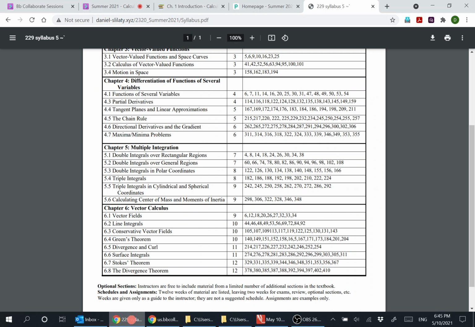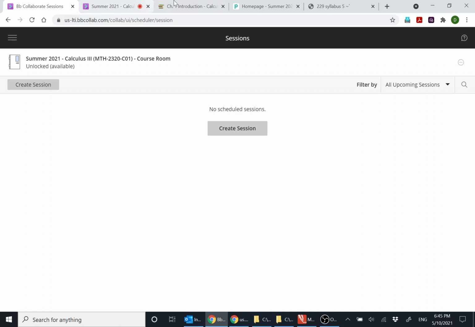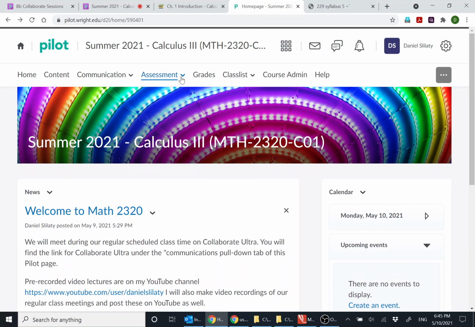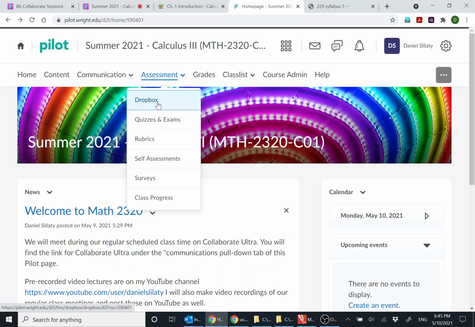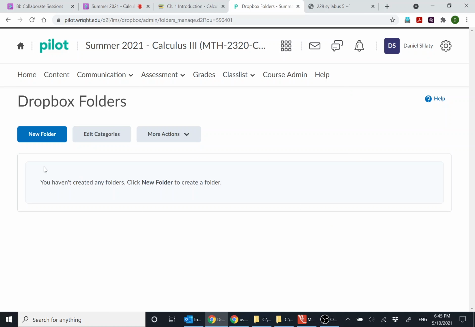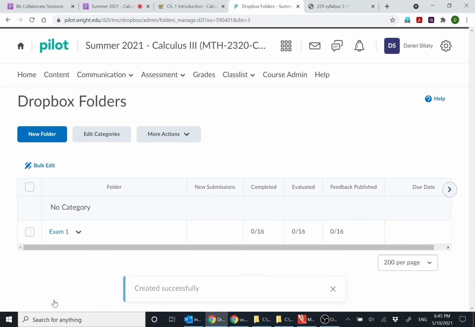On Pilot, up here under the assessment tab, you see there's a Dropbox there, right? There will be a folder there for each exam. There isn't one now, of course, but you can make one. So here will be the folder for exam 1. So you'll make a PDF file, and you'll upload it to that.